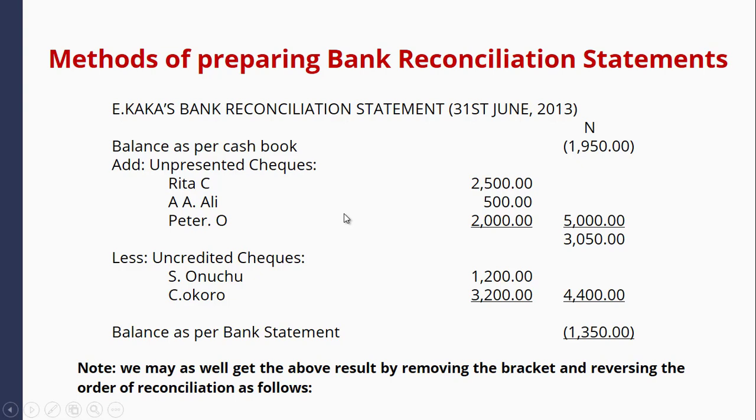But because it is an overdraft balance, we are going to add them. Then we less all these checks, then we have this. So we have an overdraft.